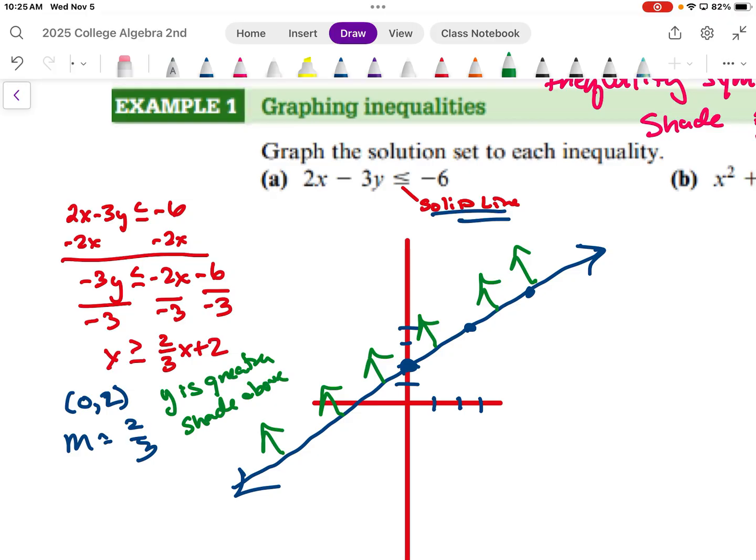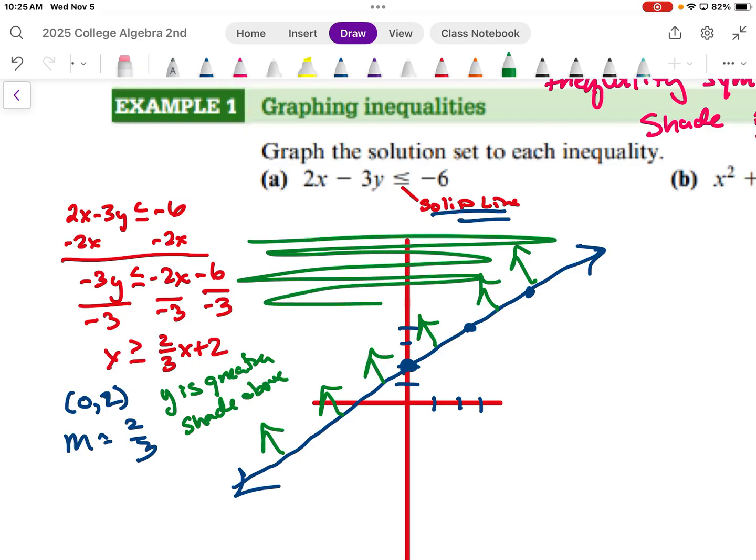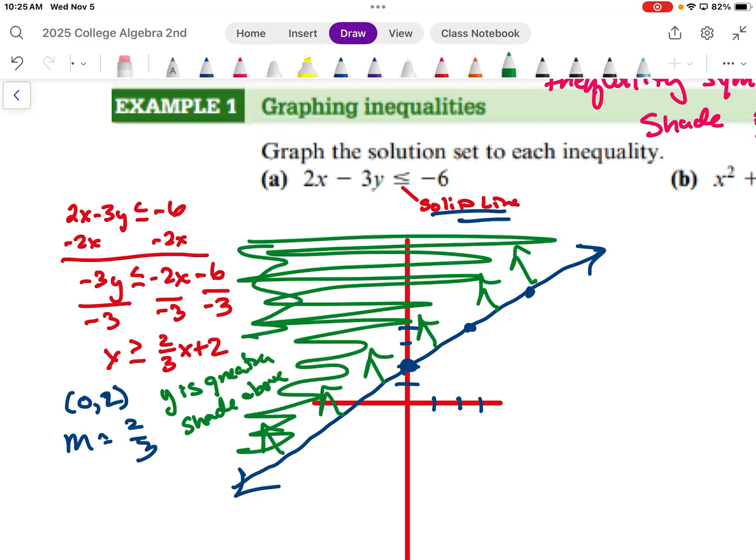You don't have to draw in every nook and cranny, but my solution zone is that green zone right there. And remember, it keeps extending. But that lets my reader know that every ordered pair on the blue line is a solution, plus every ordered pair in the green section is a solution.